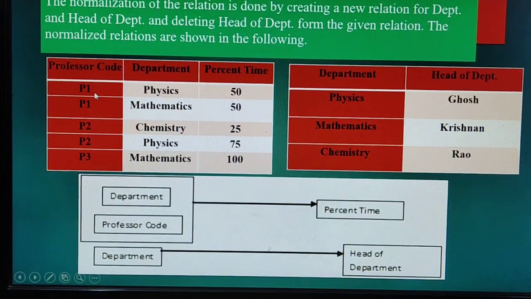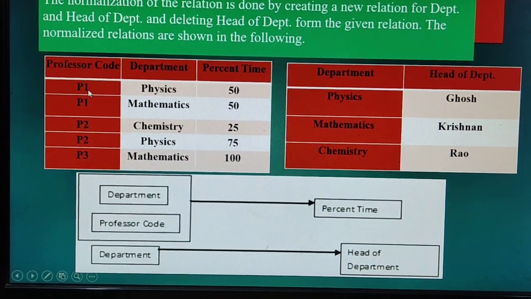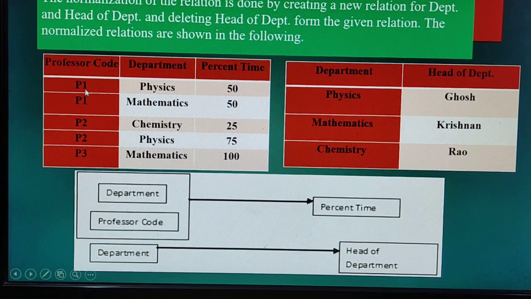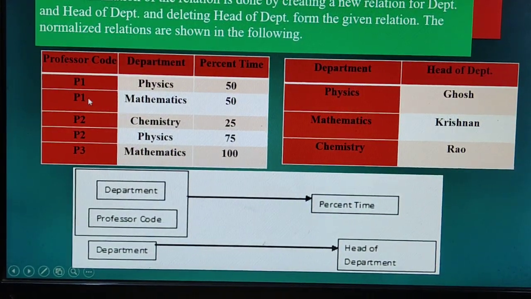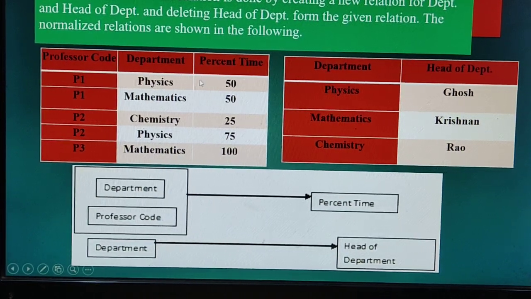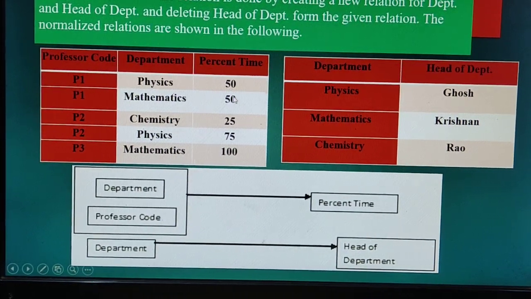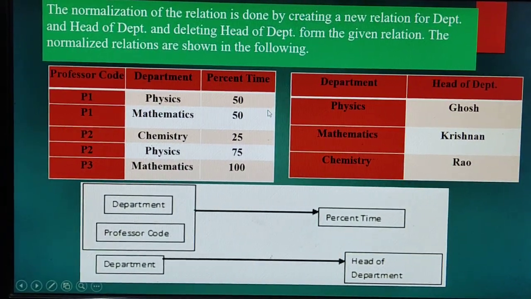Professor code P1, P2, P2, P2, P3. Now P1 belongs to the physics department. This professor also teaches some maths; for physics and maths both, he has spent 50% of time. Now it is complete, 100% he has spent.